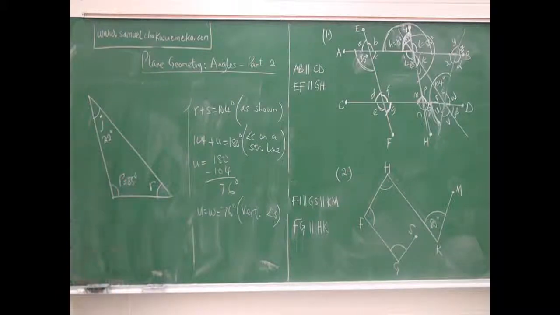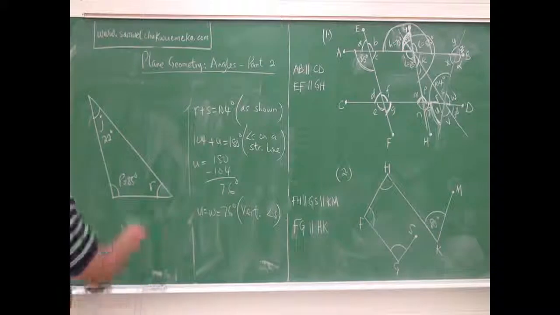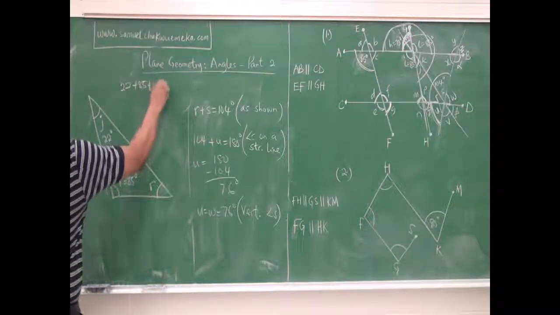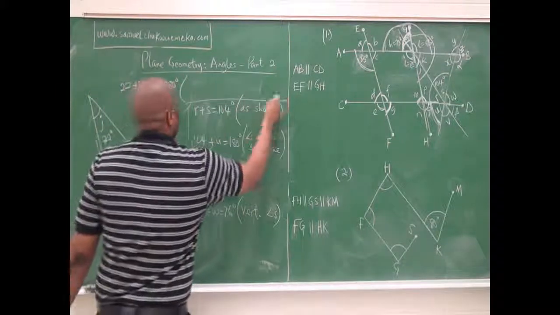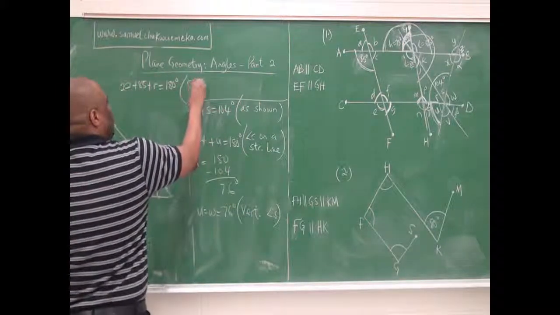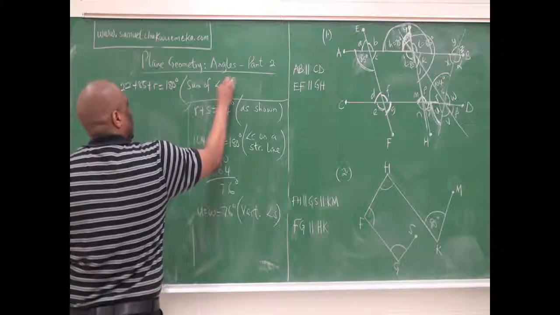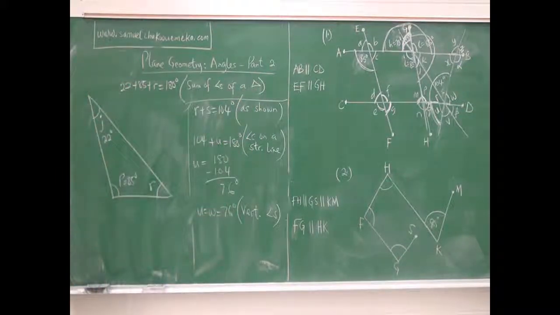So how do we get our R? We can get our R right away, because 22 plus 85 plus R should give us 180 degrees. Reason, sum of angles of a triangle is equal to 180 degrees.